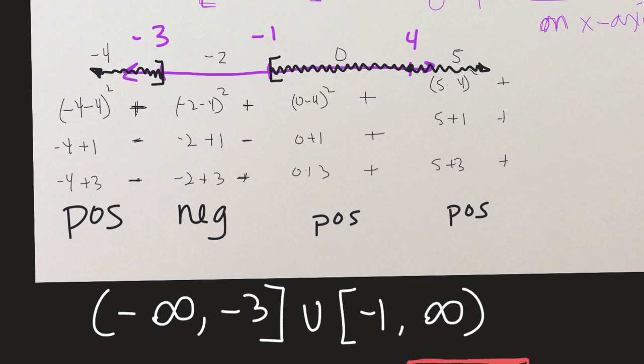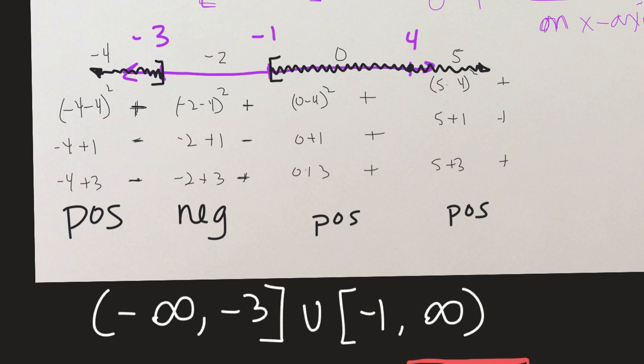If you find yourself doing this with brackets, know that you don't have to do this. This is not the right way to do it. From negative 1 to infinity encapsulates and includes positive 4 within that graph. So you don't have to do a separate thing to include positive 4.